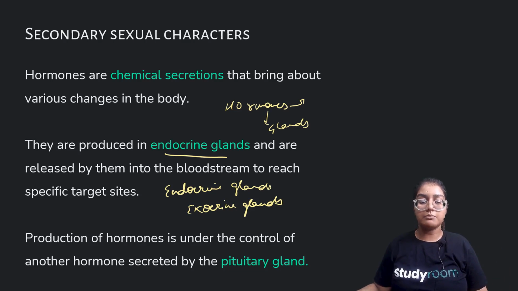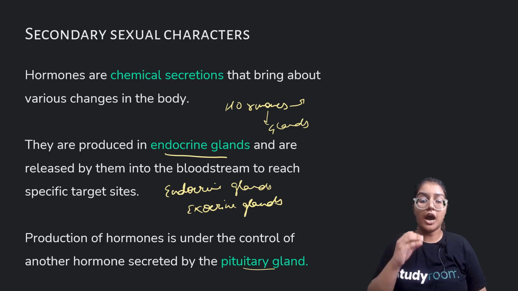Production of a hormone is under the control of another hormone secreted by the pituitary gland. There are various glands which govern the function of different sorts of hormones. There are endocrine glands, there are pituitary glands. We'll be discussing these glands in the upcoming video.